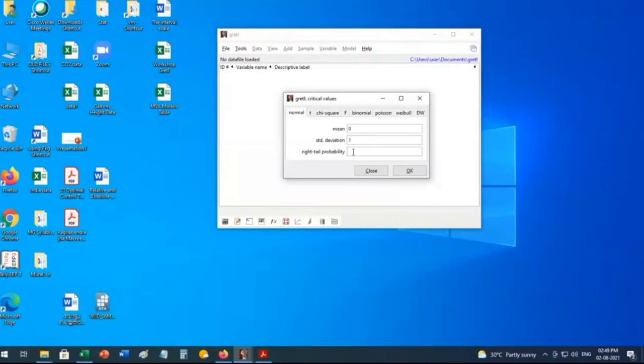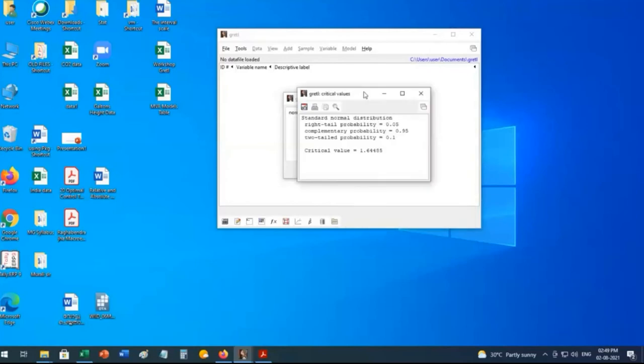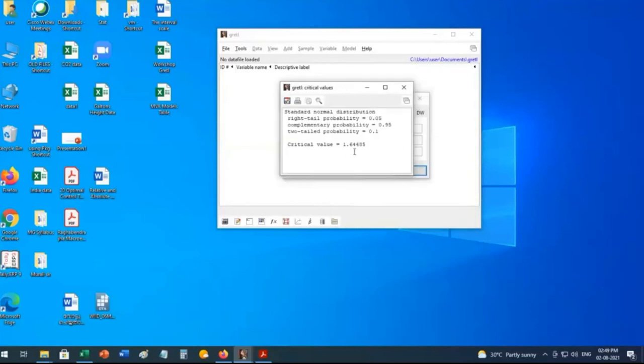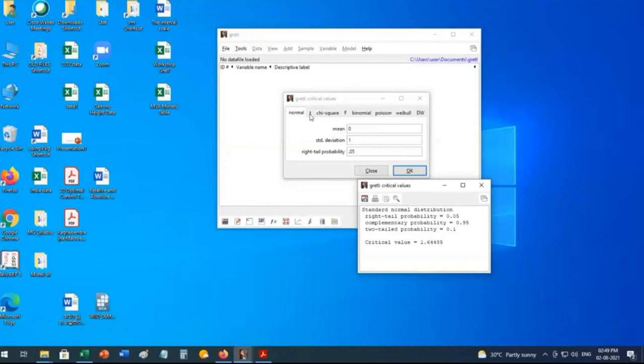Then what is the corresponding standard normal distribution value? That is the critical value for this 0.05. Click OK, and we get the answer here, that is 1.65. This is the critical value, 1.65. So similarly, for all the distributions, we can have the critical values corresponding to the right tail or left tail probability.